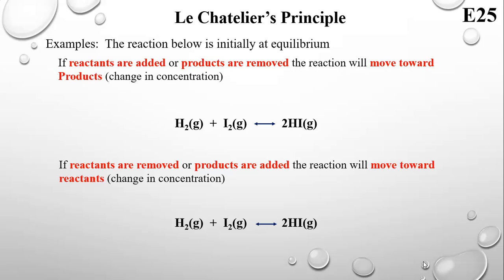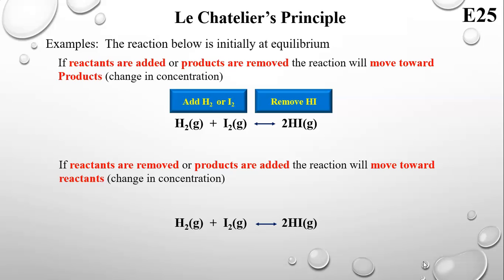It could go the other direction too. If you put more students in the 12-student room, they'd want to flow over to the 7-student room. So it's just that same kind of concept. They want to get back into balance if you throw them out of balance by either adding or subtracting reactants or products.